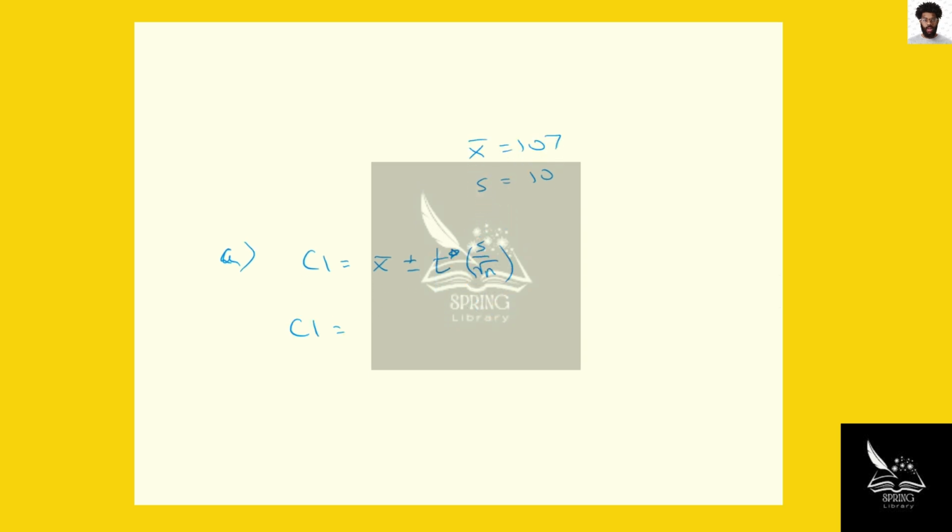So in this case, our sample mean is 107 plus or minus the critical t when the sample size is 18. At 80%, alpha is 0.2, and our degrees of freedom is 17.